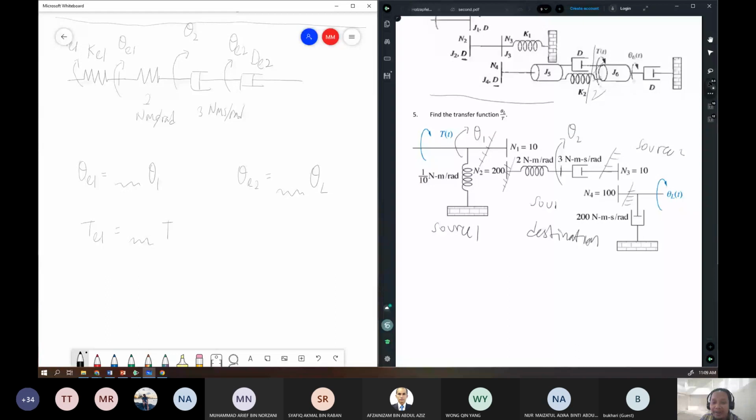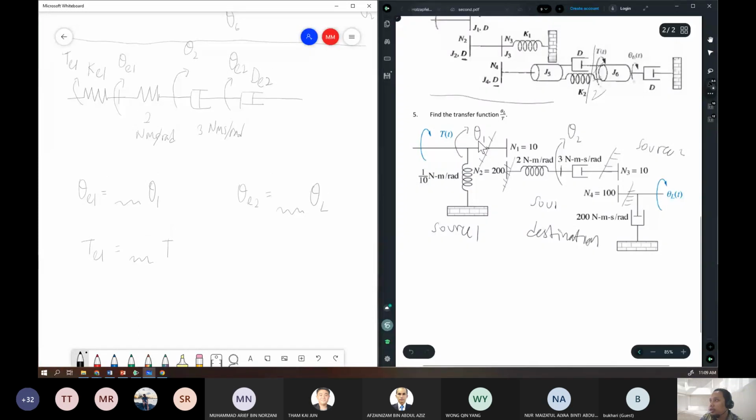Doktor, boleh tanya yang theta 1, theta 2 tu, macam mana kita nak tahu nak letak dekat mana? Okay, so theta 1 basically measures this rotation. Dia location.